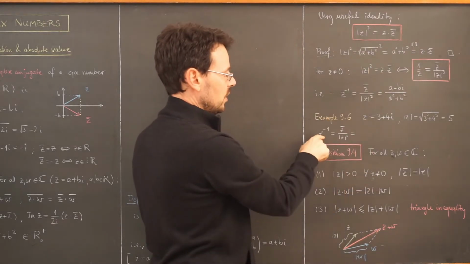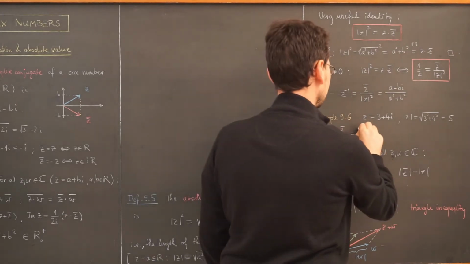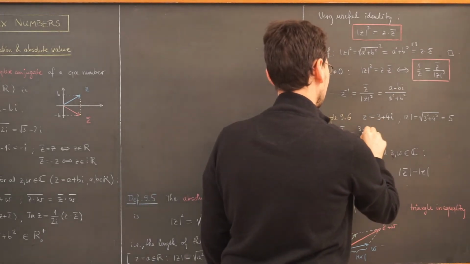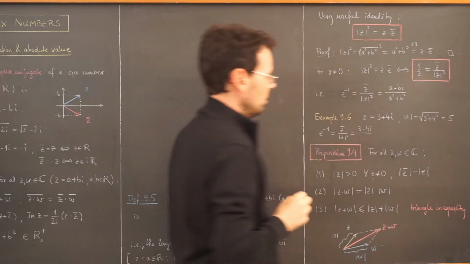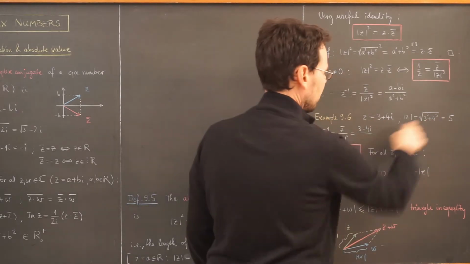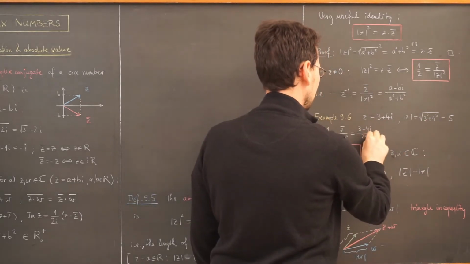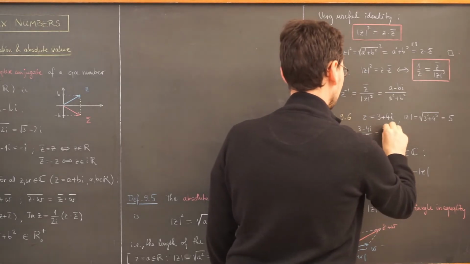So by this formula, the inverse is the complex conjugate, 3 minus 4i divided by the absolute value squared, which is 25.